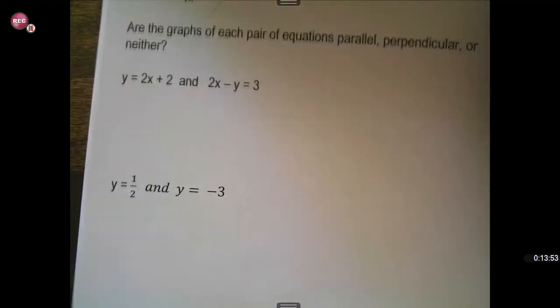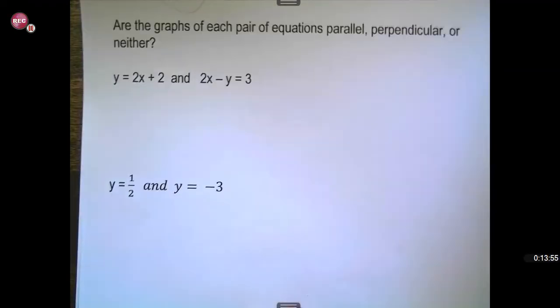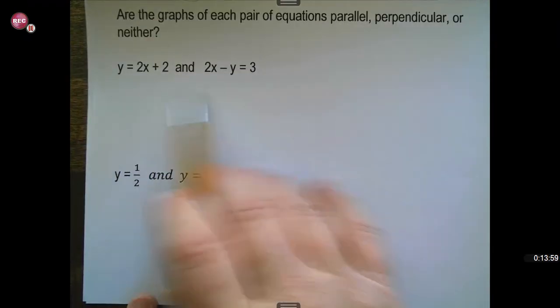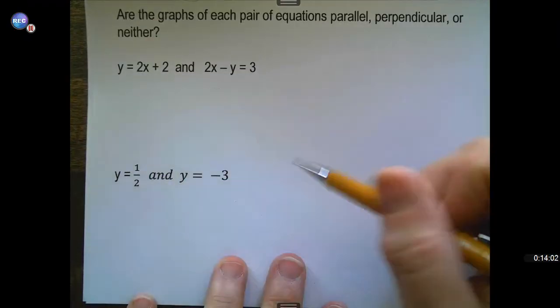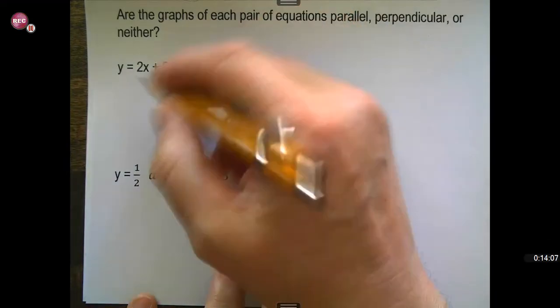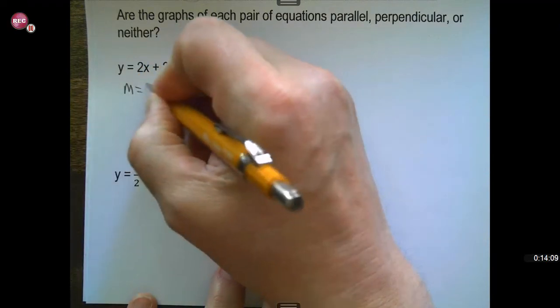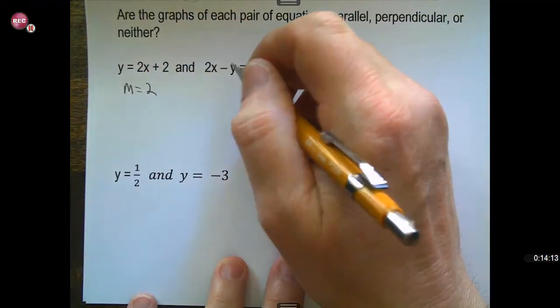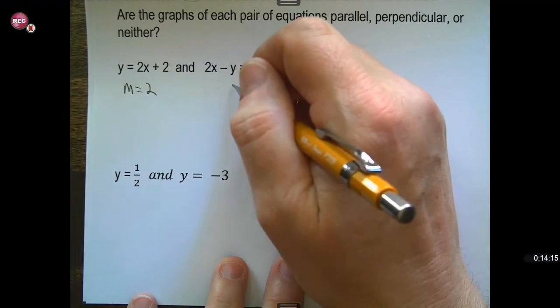Down here, they're giving us two equations, and they're asking us, are these two parallel, perpendicular, or neither? And the way we determine that is we find the slope. So the slope of this line is 2. To find the slope of this line, I need to solve that for y and get it in slope-intercept form.